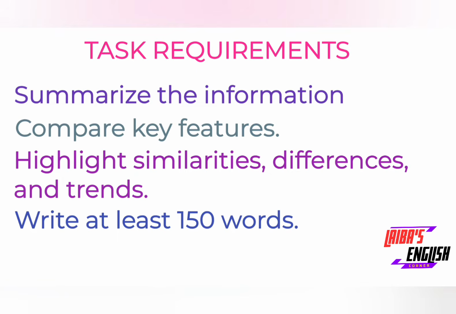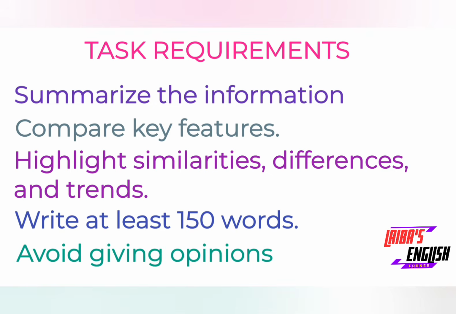You are required to write at least 150 words in 20 minutes, and you can exceed to 170 to 180, not more than that. And avoid giving your opinions or conclusion because opinions and conclusions are not allowed in IELTS writing task 1.